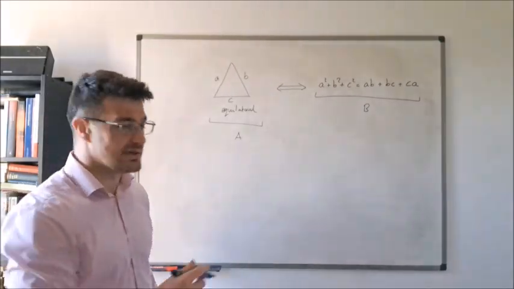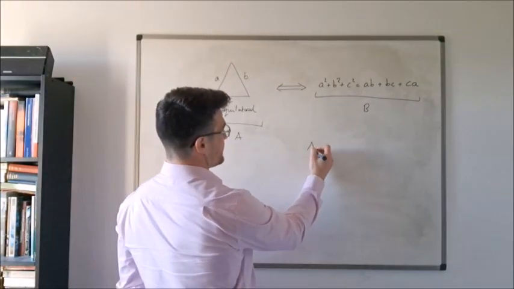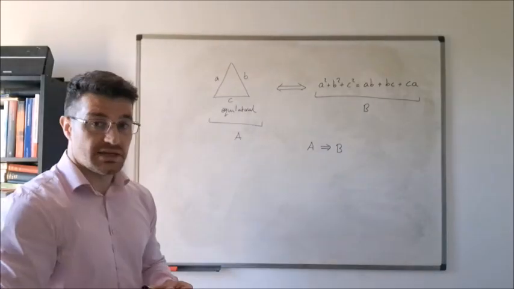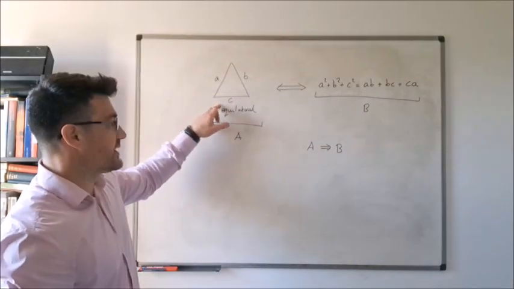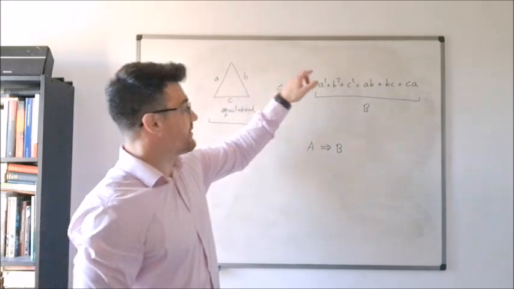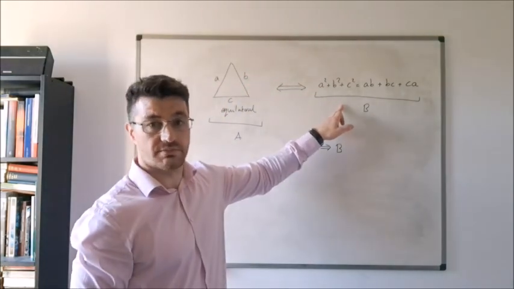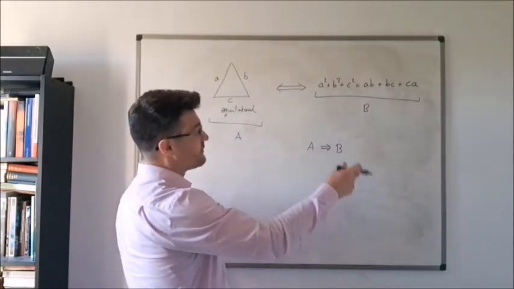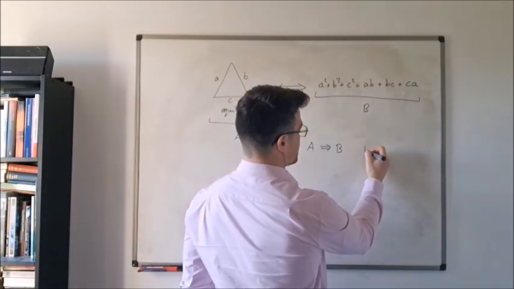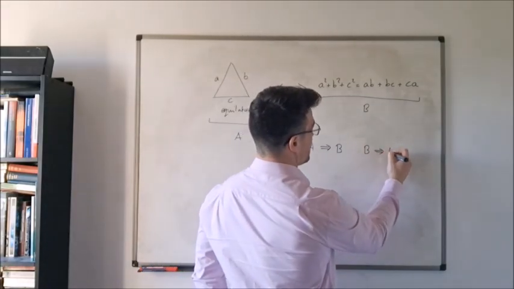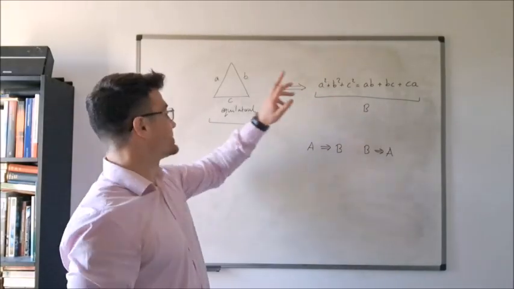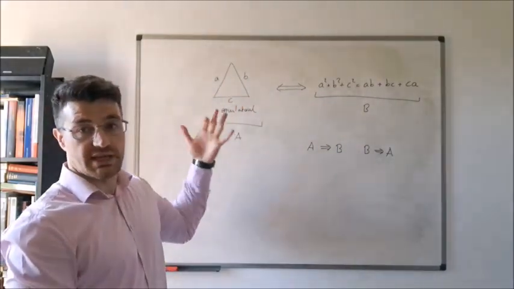So symbolically, what we need to do is prove this implication, A implies B. In other words, if this triangle is equilateral, then this equality holds. But we also need to prove the converse implication, B implies A. In other words, if this equality holds, then the triangle is equilateral.